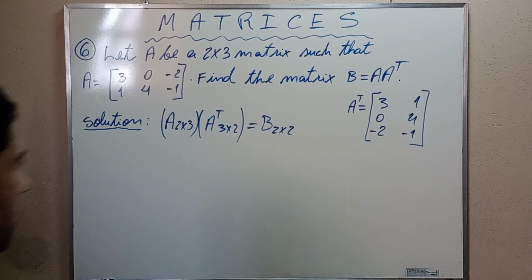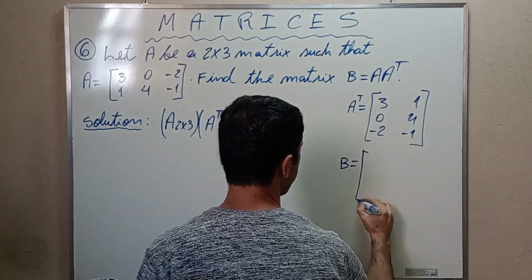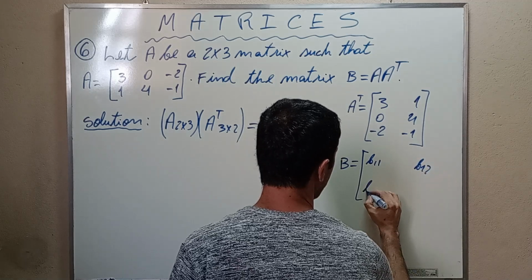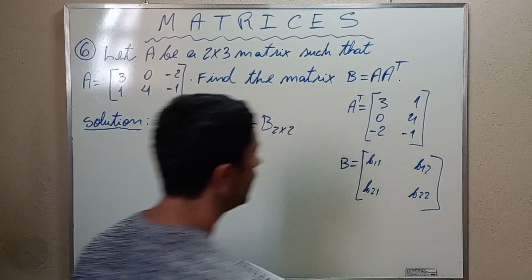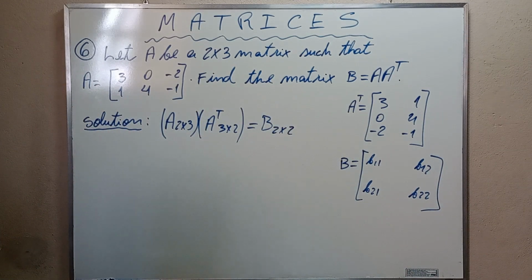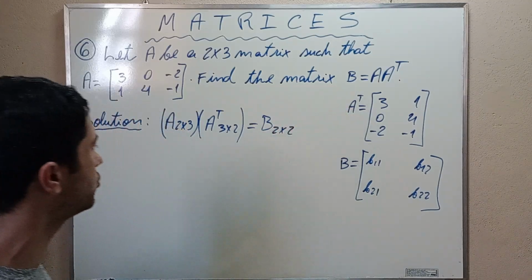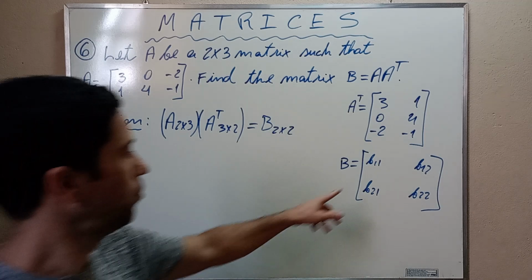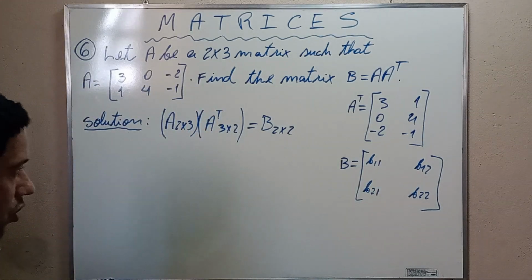Then matrix B is going to be B11, B12, B21, and B22. This is matrix B resulting from the multiplication between A and the transpose of A. All we need to do now is to find B11, B12, B21, and B22. Let's do it.